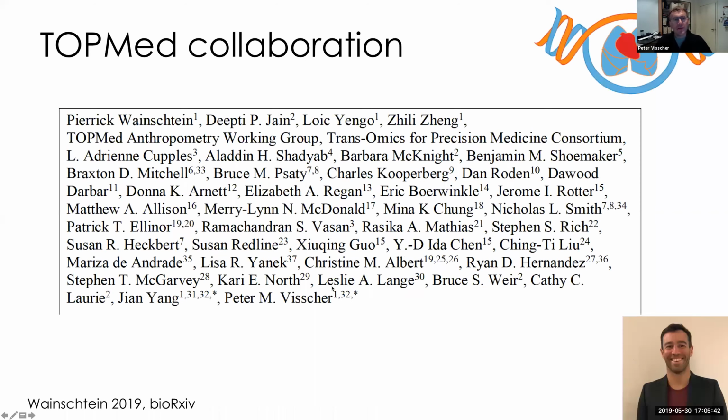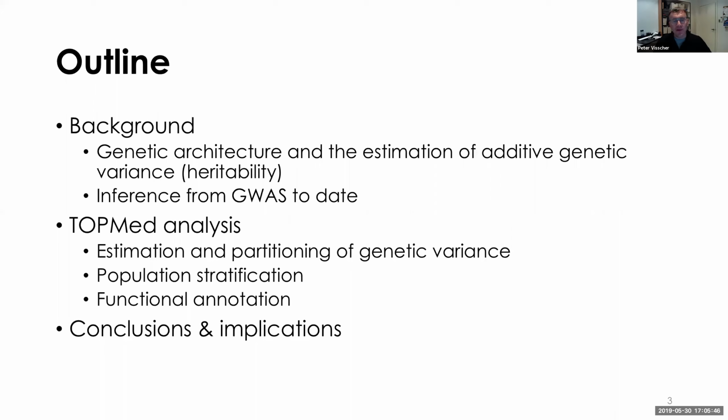So the outline of my presentation is as follows. I want to give just a little bit of background to put the presentation in context: something about genetic architecture and the estimation of additive genetic variance and of heritability, and a very short summary of the inference from genome-wide association studies with SNP arrays to date.